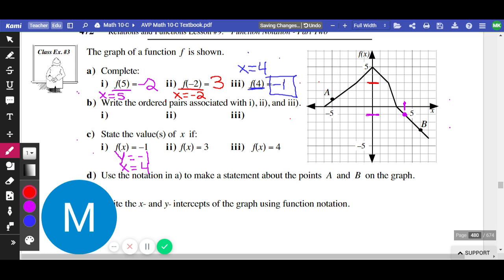One of them is right here. One of them is right here. This question is going to have 2 answers. It's going to have x could equal positive 2 or negative 2. That means 2 different inputs could give you that output.